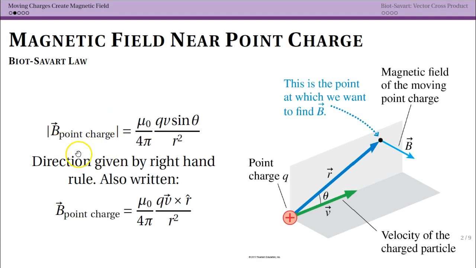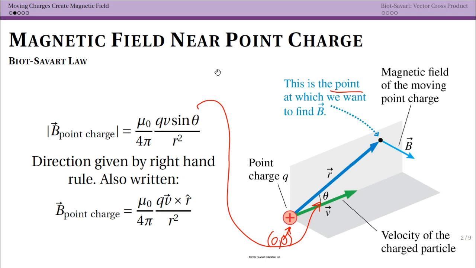The first one only tells you the magnitude. And we see that new constant here divided by 4 pi. Then we have q times v, and then sine theta. What is this angle? This angle is between your v vector, your velocity vector, and this r vector. The r vector is basically the position of the point that you're trying to calculate B at, assuming that your charge is the origin.